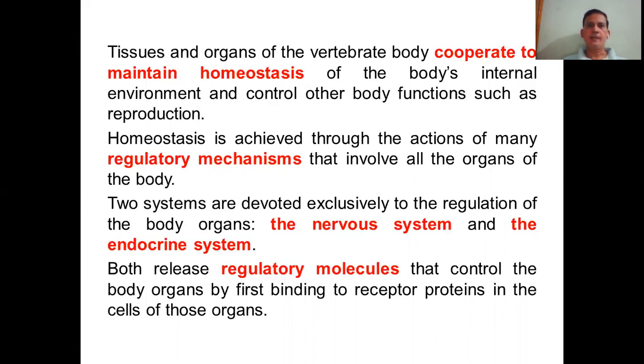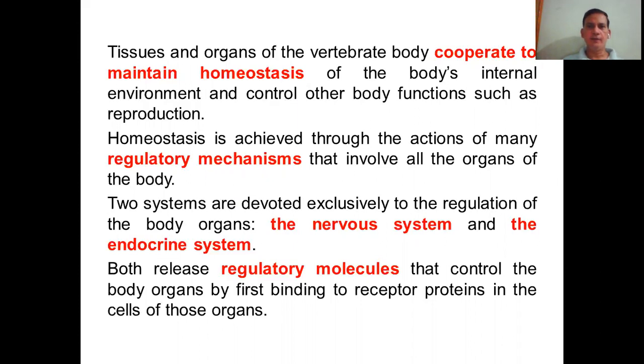Similarly, in the cardiovascular or circulatory system, homeostasis is maintained by replenishing the used oxygen with fresh oxygen, or providing the nutrients which are deficient at different tissue sites.